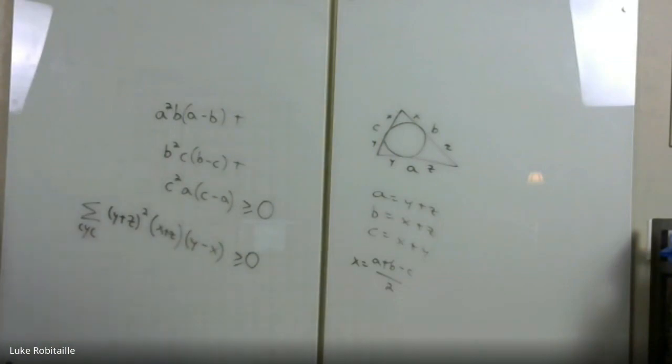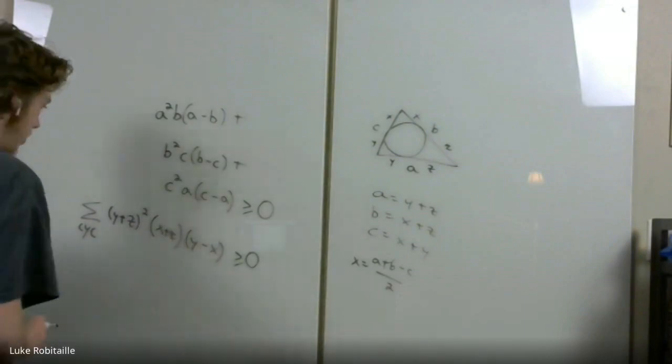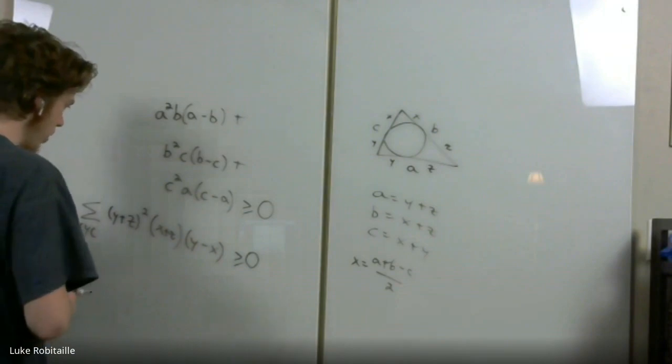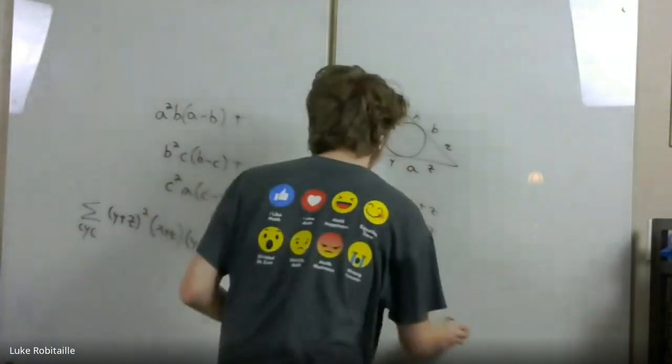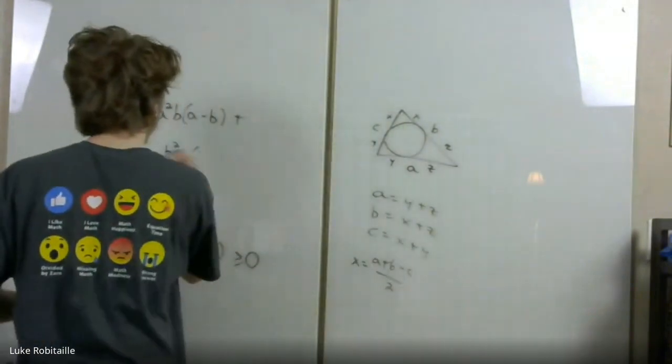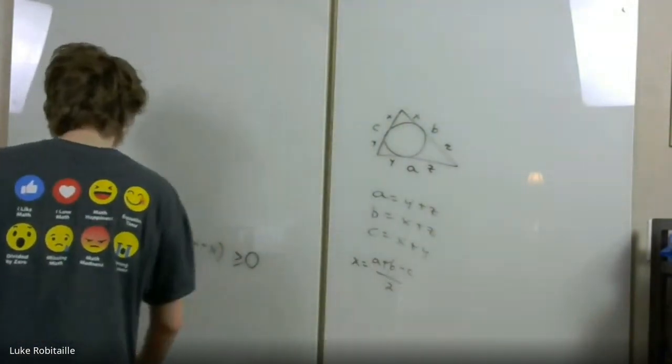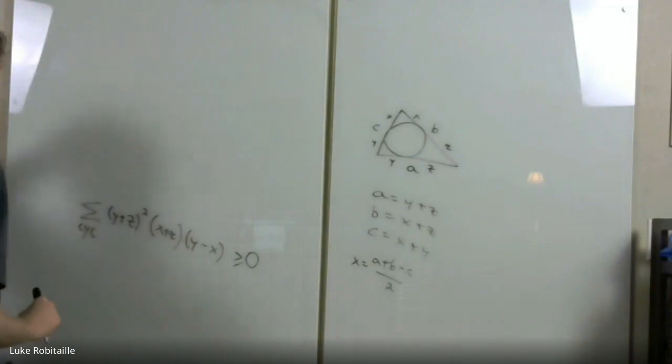Now I think we could probably just expand. This is probably not super elegant, but this Ravi substitution can be a useful idea if you have problems about the lengths of the sides of a triangle. What do you get?